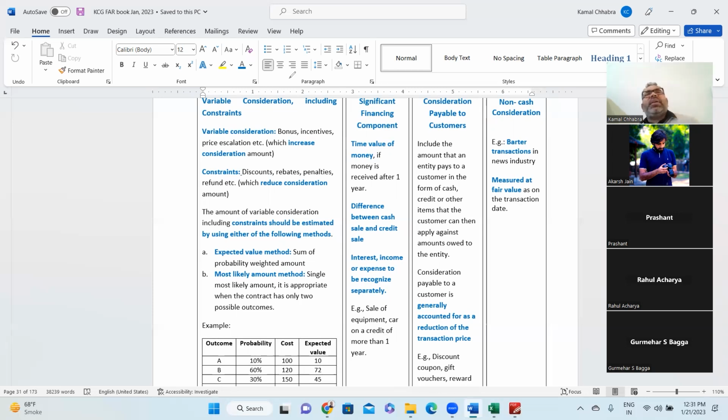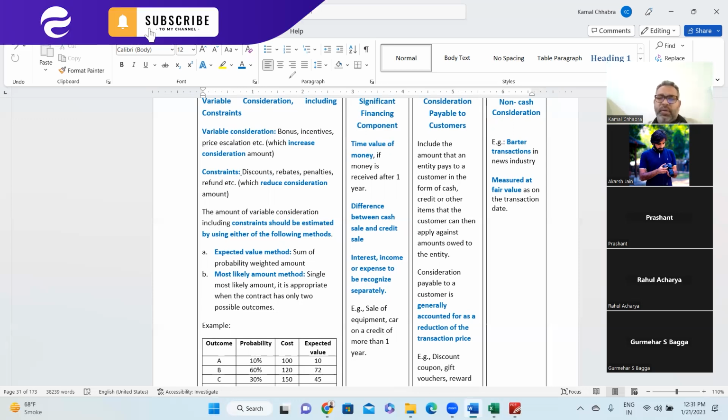For example, let's assume you are making big trucks, right? And you are selling that truck for cash at, let's assume, $100,000, right? But if someone takes that truck on finance, you sell it at $110,000.